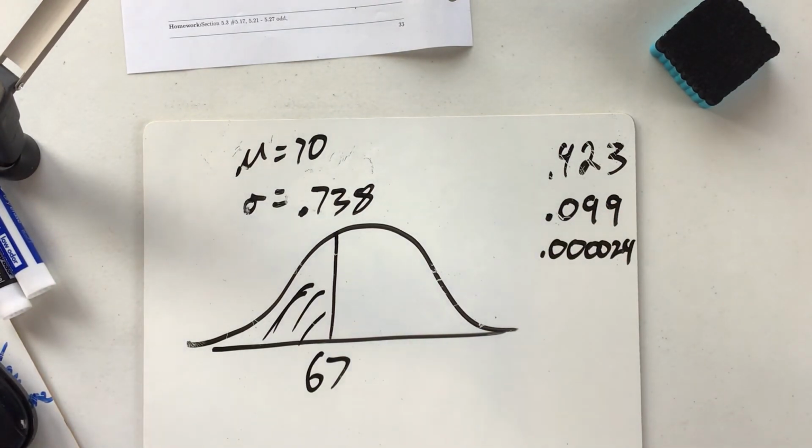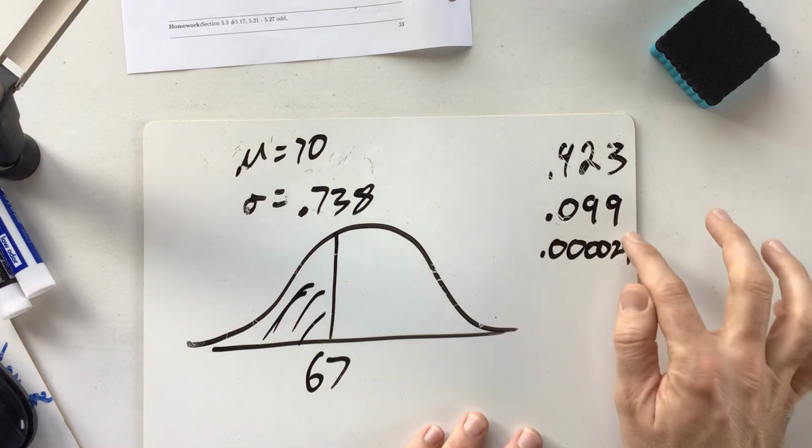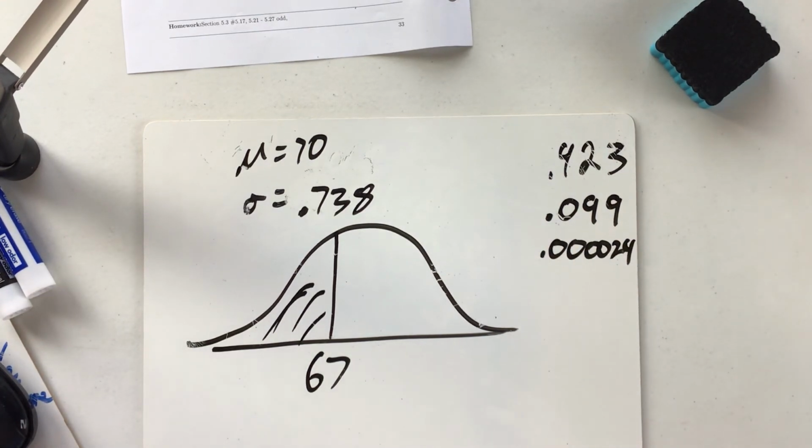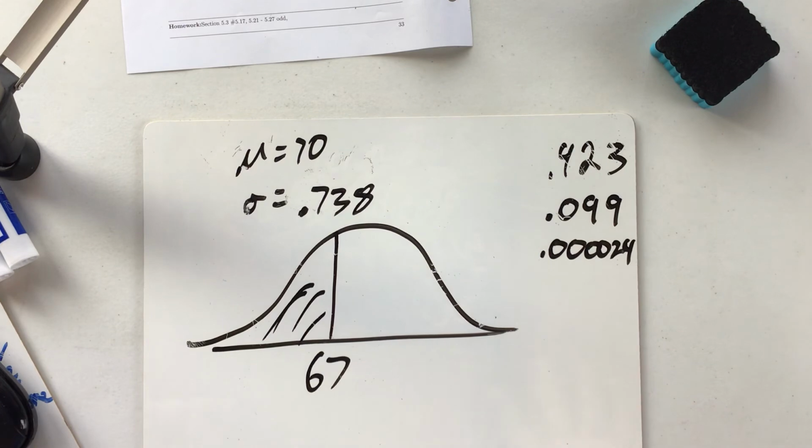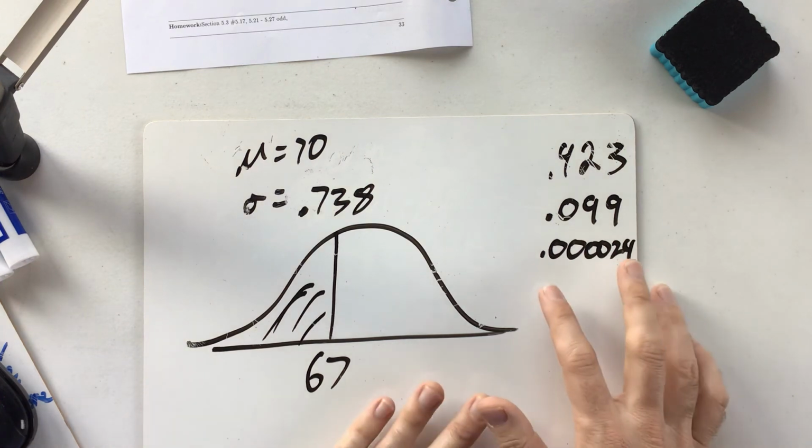If you gathered those 50 people and got a number less than 67, you'd say, it's a little unusual, but about 10% of the time it would happen anyway. So maybe it's not unusual enough for us to say there should be red lights around it, and this could have happened by chance. 10% probability things happen all the time, right?